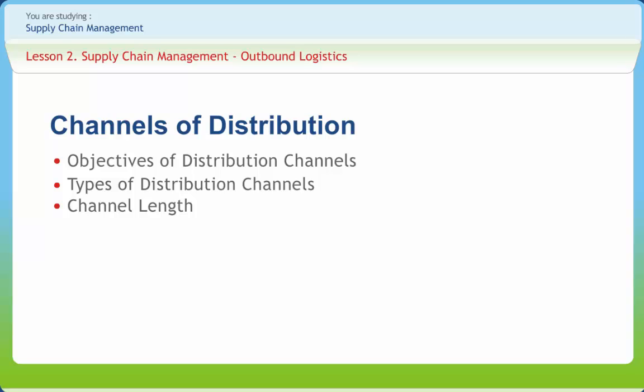While a short channel involves few intermediaries, a long channel involves many intermediaries working in succession to move goods from producers to consumers. Channel width is a measure of the number of distributors, wholesalers, agents, stockists, and retailers used. As more intermediaries or more types are used at a certain point, the channel becomes wider.